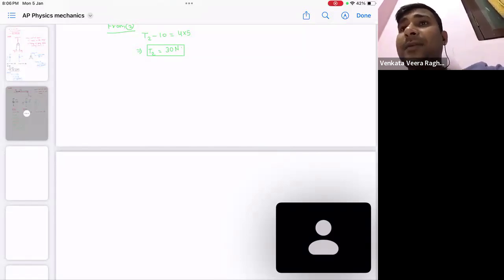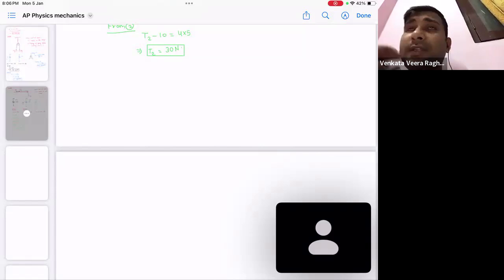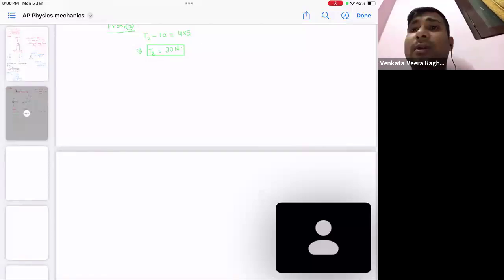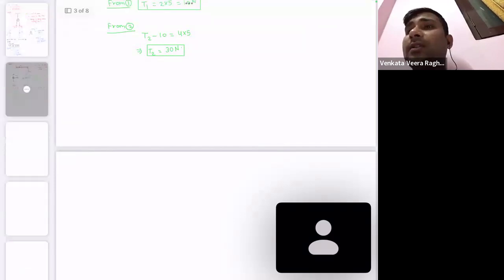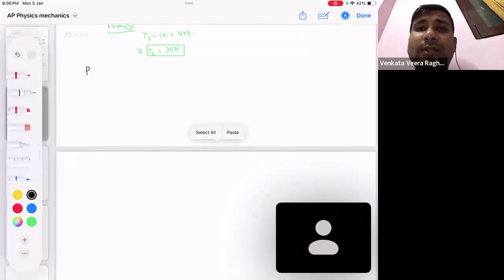But sometimes what will happen? They are not connected in a straightforward manner. One string is connecting two blocks, and another string is connecting some other block. That kind of situation is given to us. That is called the pulley constraint. It won't take much time.